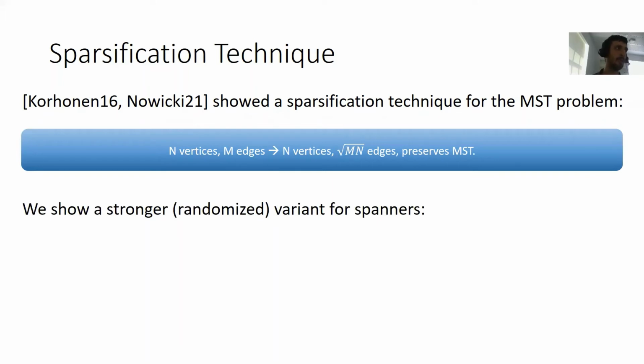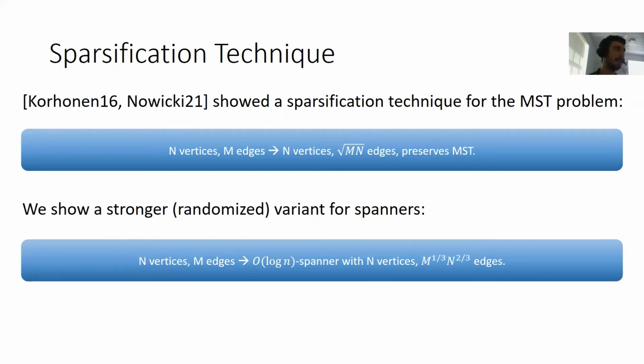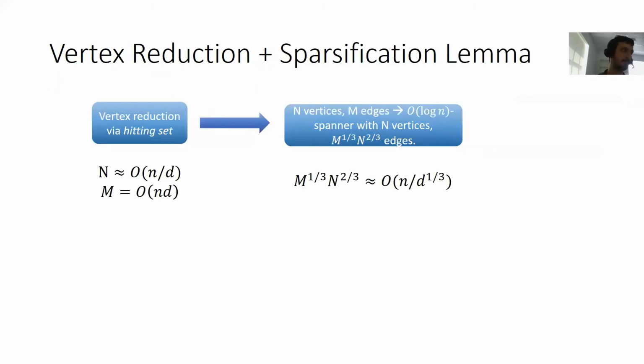So in our work, we show a stronger but randomized variant for spanners. What we show is this: given a subgraph of n vertices and m edges, we can find an order of log n spanner with n vertices and m to the 1/3 times n to the 2/3 edges. So how does this help us? Let's consider what happens if we first apply the vertex reduction technique and then apply the sparsification.